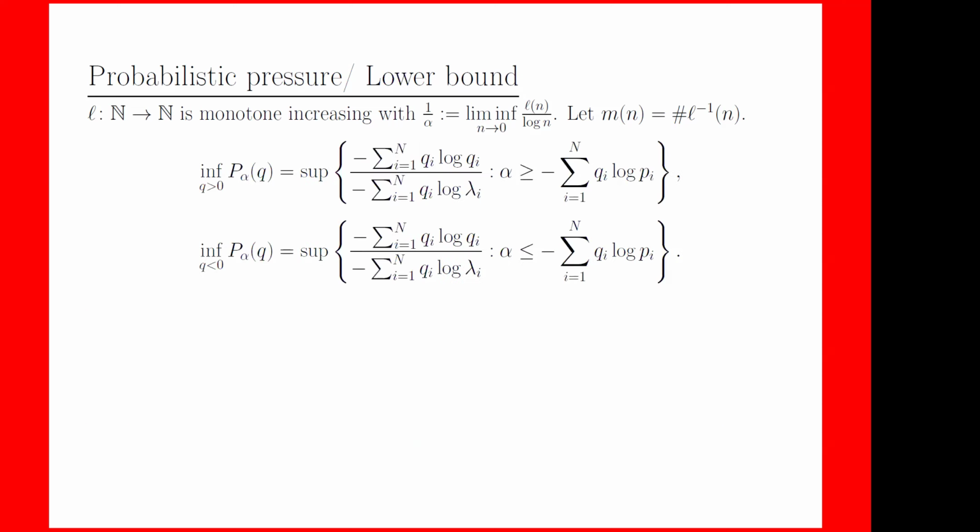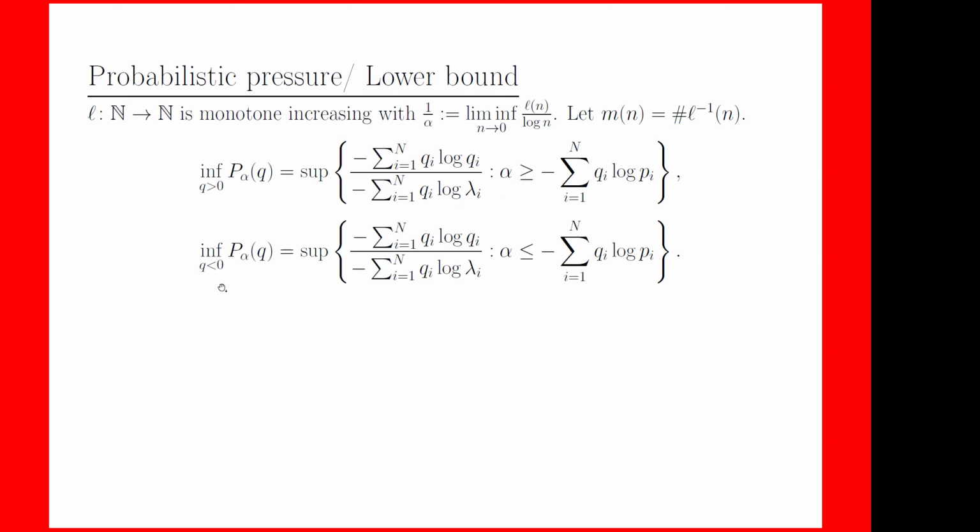For the lower bound, what we have is a kind of variational principle, I think, for this generalized P alpha Q pressure. Namely, if you take the infimum for positive Qs, then it will be the supremum of the entropy over Lyapunov exponent of every Bernoulli measure with probabilities Q for which this quantity is smaller than alpha.